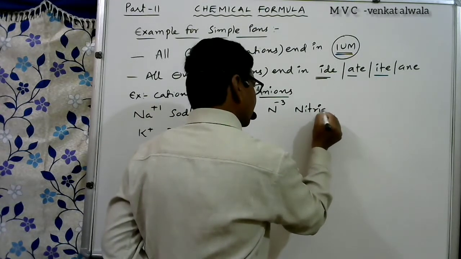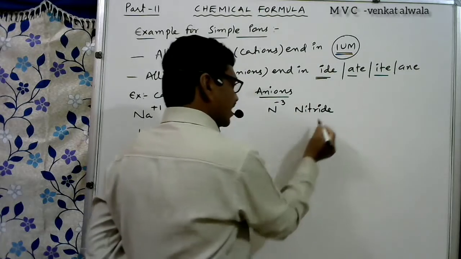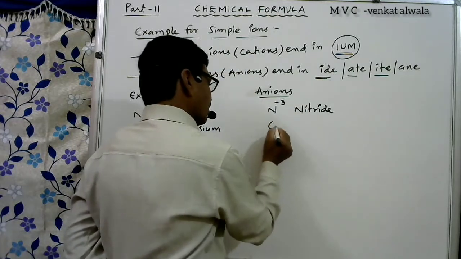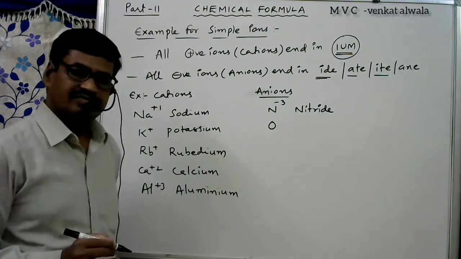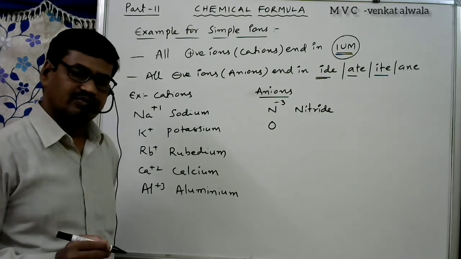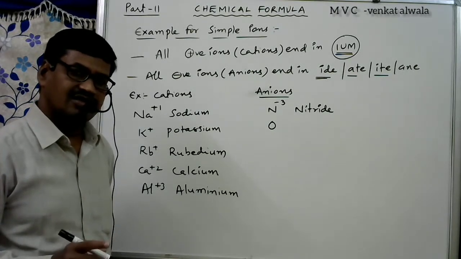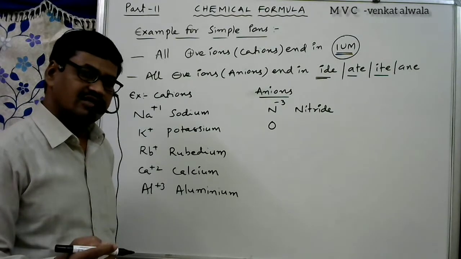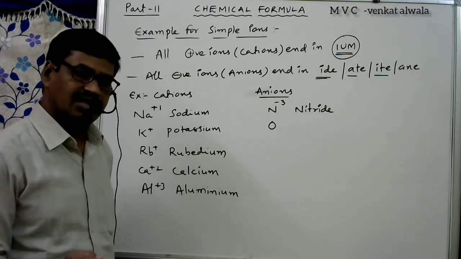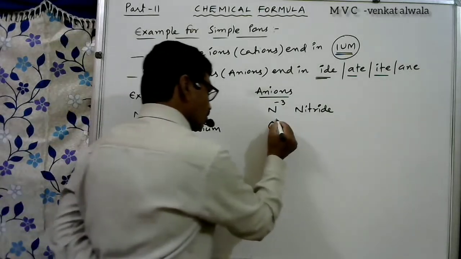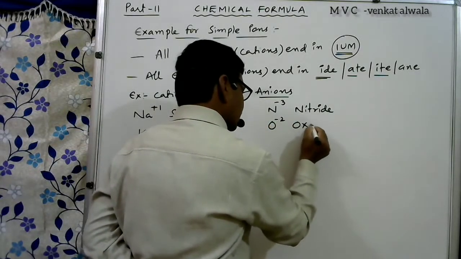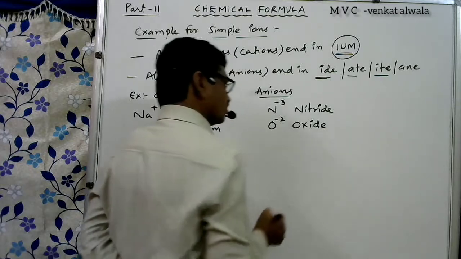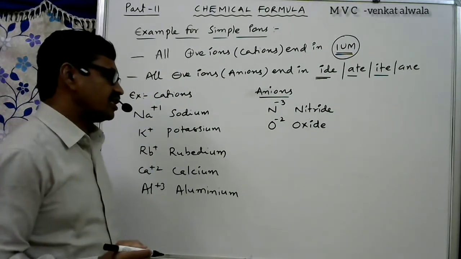Simple ions end in ide, nitride. Similarly, O, oxygen, its charge is -2. Why? Its number of electrons here is 8. If I add 2 more electrons, it will get the neon configuration, stable electron configuration. So O -2, it is oxide ion.